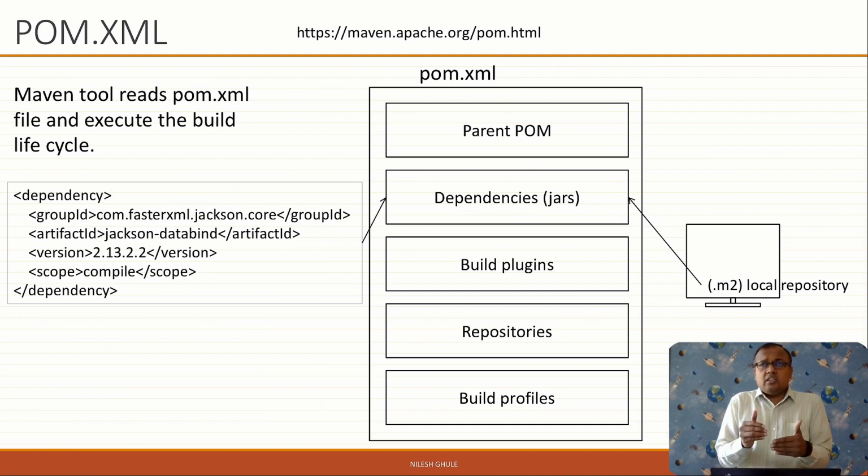However, this is not the only scope that we have. There is yet another scope. We call it the provided scope. Now, what is the provided scope? The provided scope means you do not need these jars to be deployed with the application. These jars are already provided in the deployment environment.